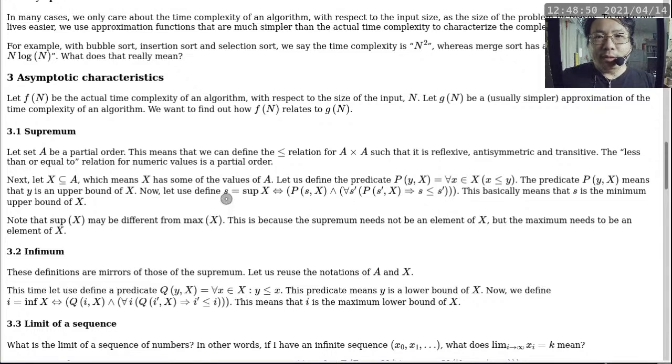So now we define lowercase s as a variable. We define it to be the supremum of the set X. So this notation here is basically exactly the same, because if and only if usually just means is the same as the following. So now we have to look at this expression here and go, oh man, what does that mean?